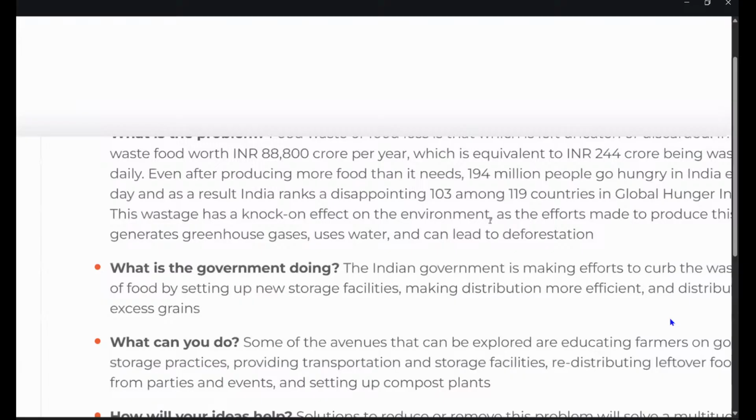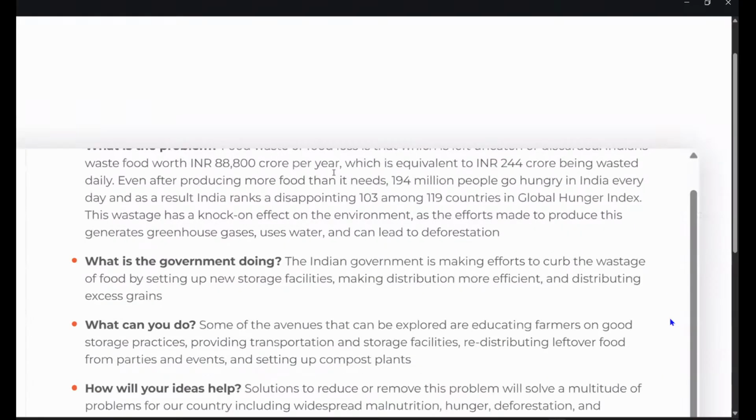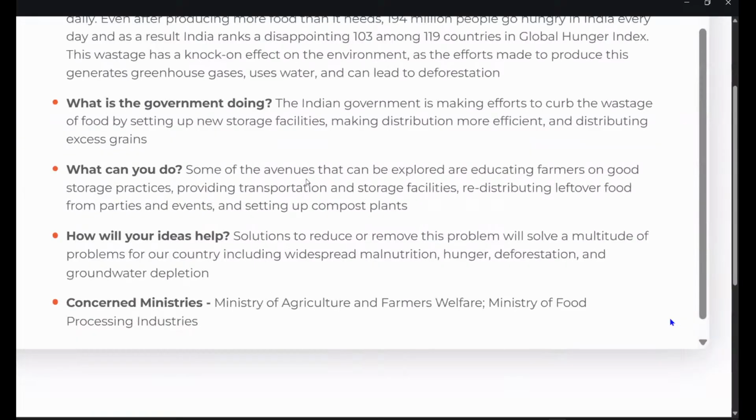So if we are talking about providing transportation and storage facilities, we can divide that again into transportation and storage, two different problems. How can we transport goods from place A to place B?